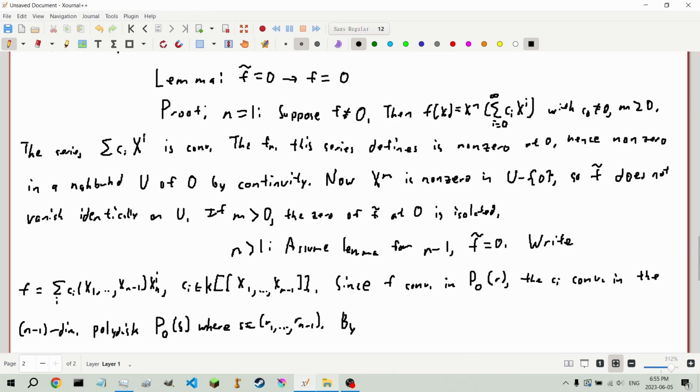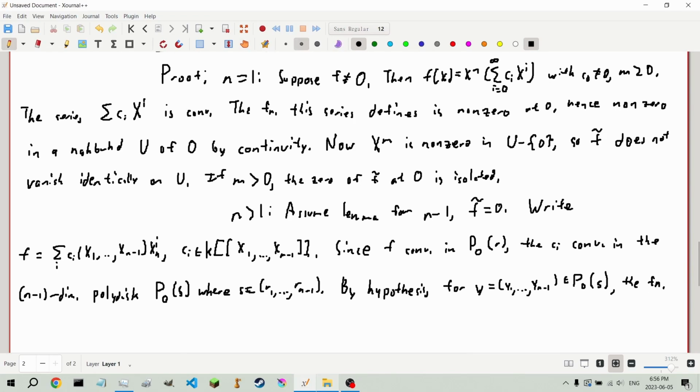Now, by hypothesis, for y being y1 through y_{n-1} in the strict polydisk of, I keep calling it radius, I don't know if that's the right term, that's what I'm going to use, of s, the function g defined by g of x_n being the sum over i of c_i tilde of y1 through y_{n-1} times x_n to the i is going to be identically 0.